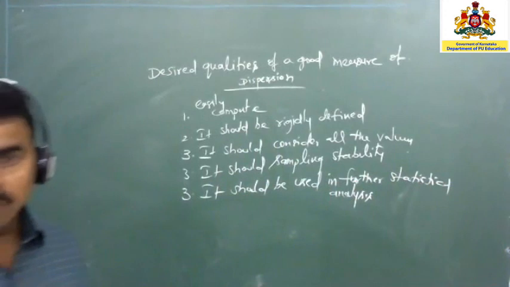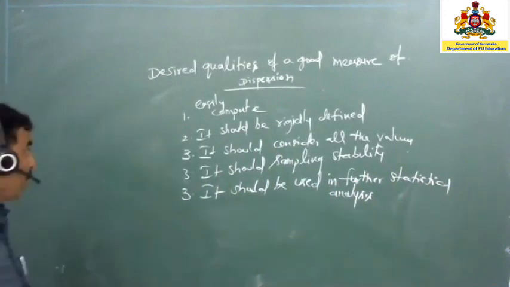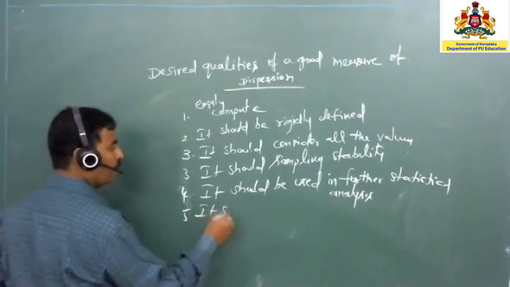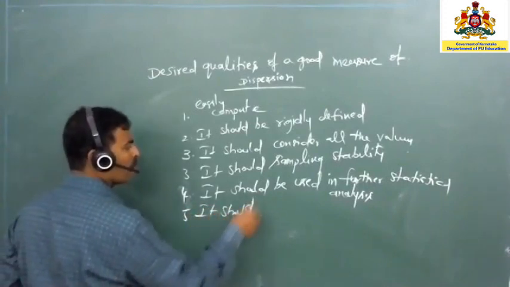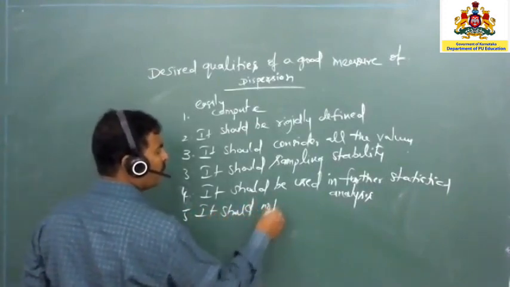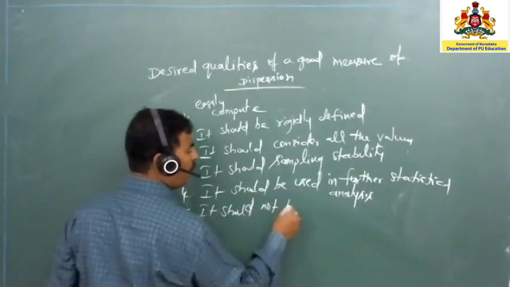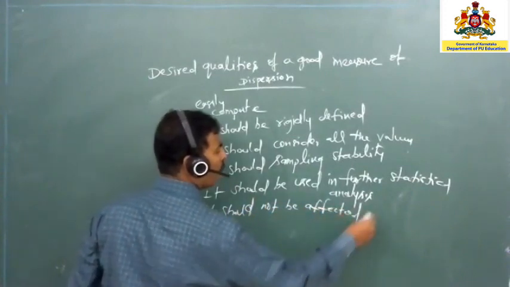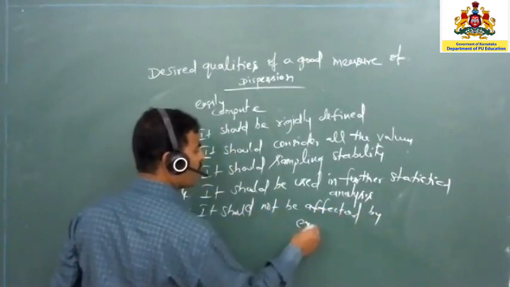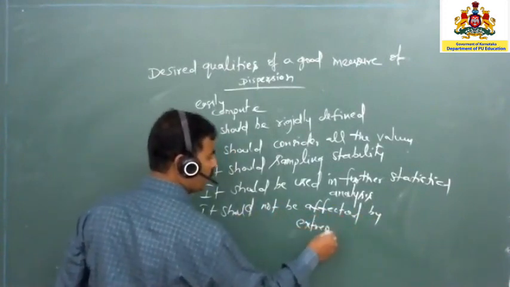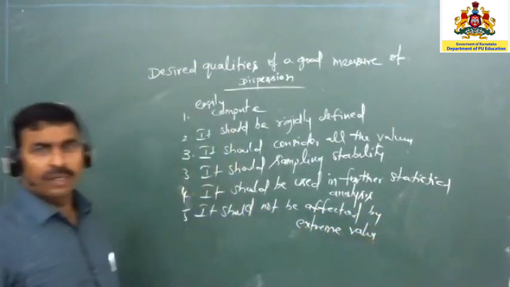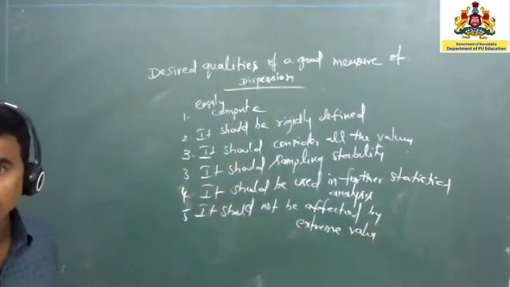Then it should not be affected by extreme values. The ending values, the lowest value and the highest value in the data, are called extreme values.